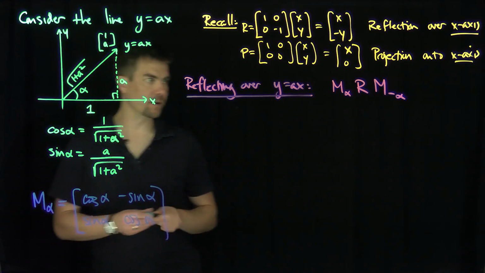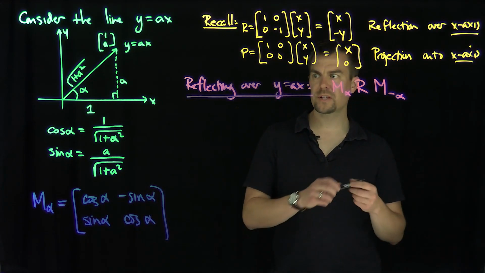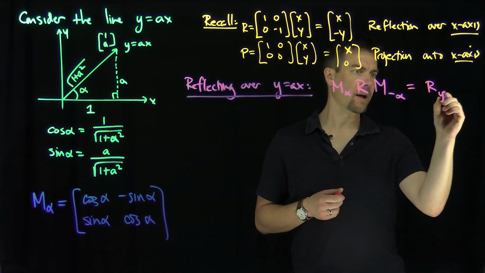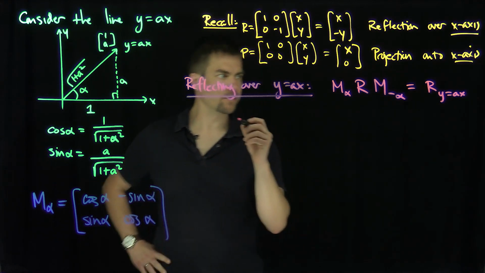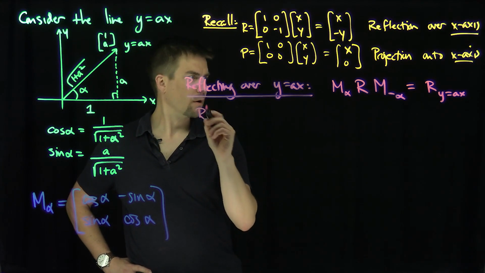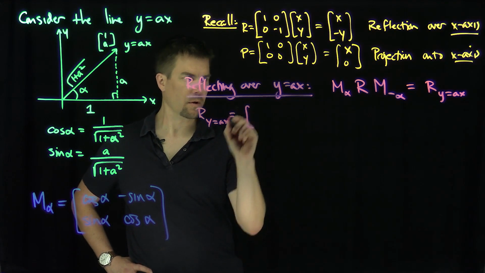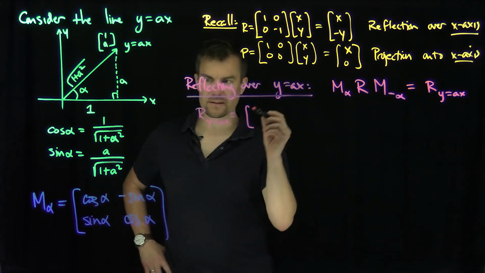So our matrix M alpha has a specific form. This is going to be our reflection over y equals ax. And so what will the reflection over y equals ax be? It is going to be M alpha, with cosine alpha. Notice we have lots of these square roots.